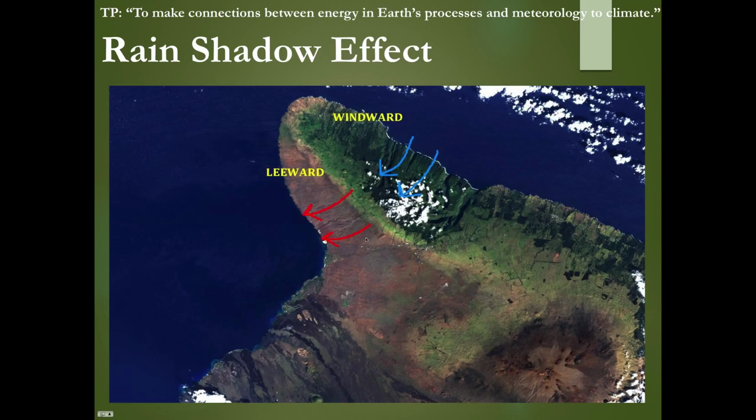It's almost like desert-like conditions on the leeward side. So there's less precipitation on the leeward and more precipitation on the windward side. This is a great example of what we call the rain shadow effect, based on mountains and how the wind pushes it up, how it forces it up and forces it down.